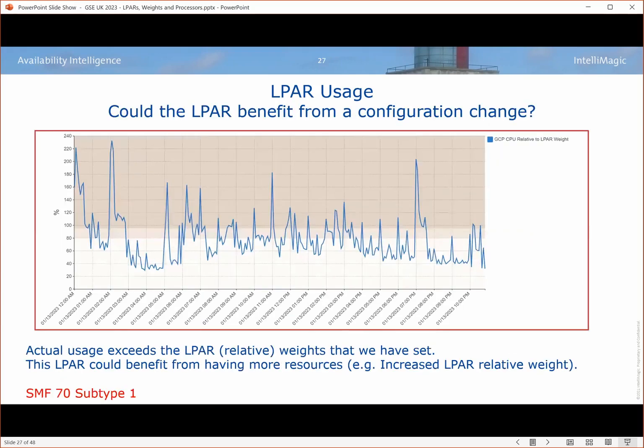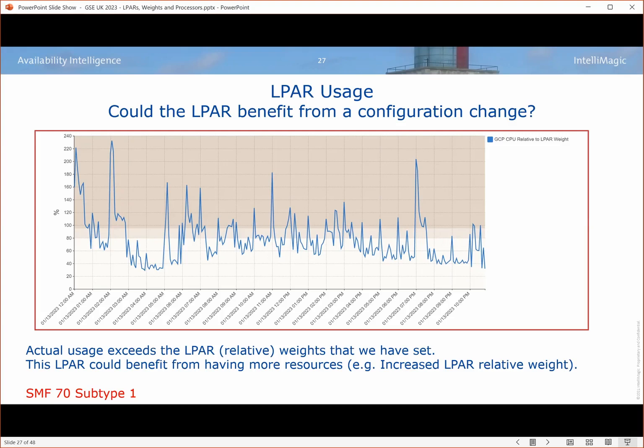What we're looking at here is what we refer to as the relative weight versus the CPU usage relative to the LPAR weight. That means, are we using more CPU than what we defined in the LPAR definition, i.e. in the weight?